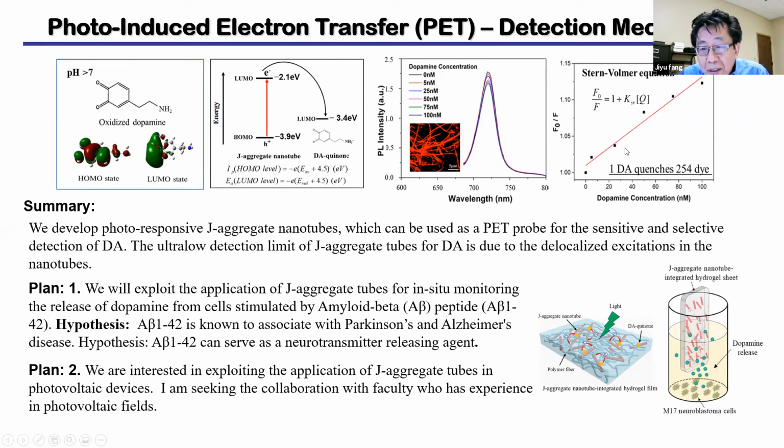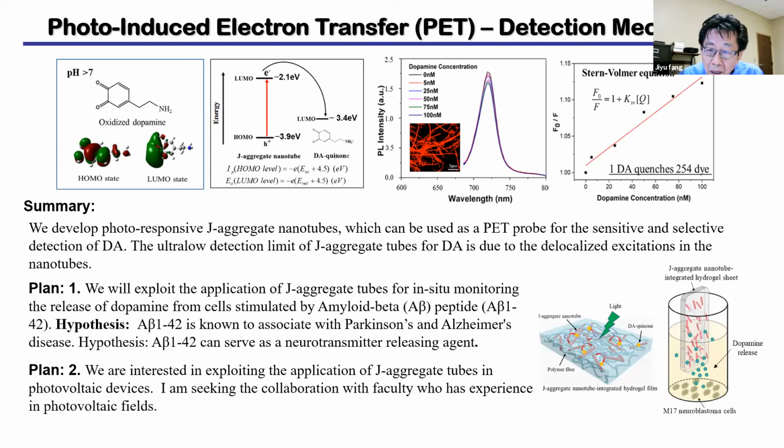We find that due to the strong interactions of the dye in the J-aggregate nanotube, the photo-induced electron is delocalized, not confined to individual molecules, which leads to fast photo-induced electron transfer. We find one dopamine can quench over 200 dyes inside the nanotube.